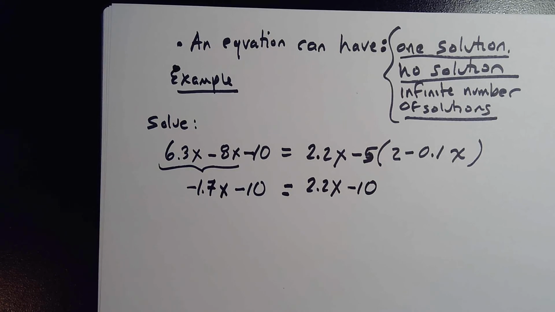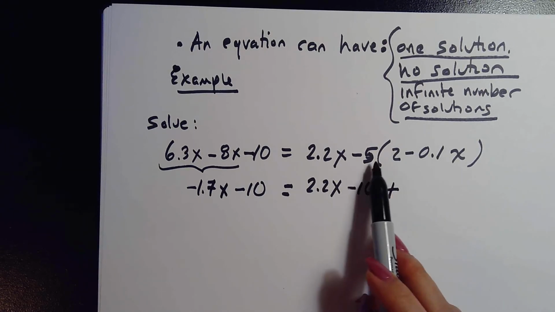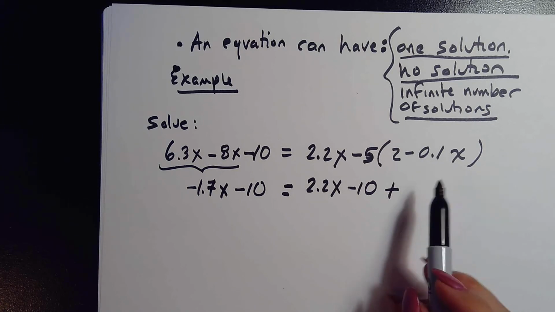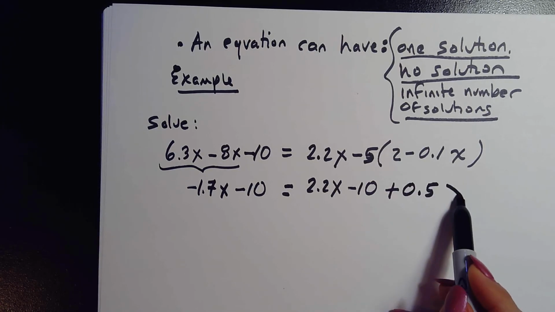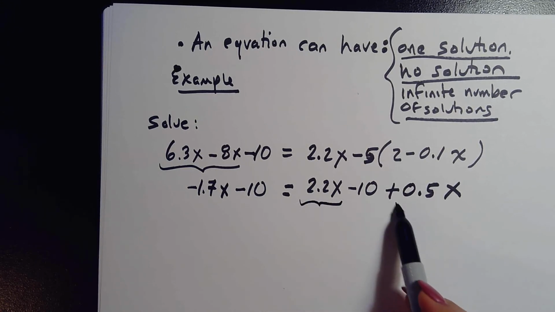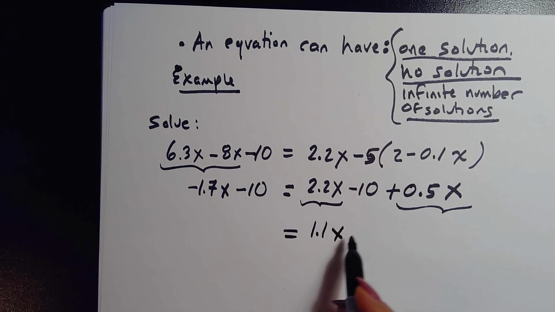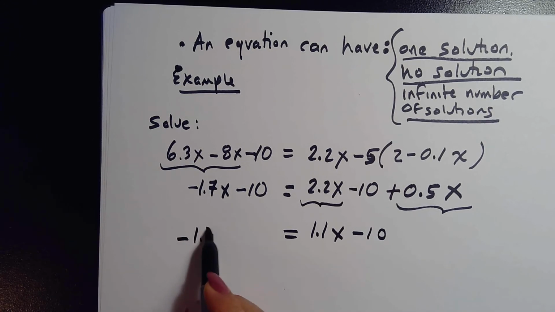Now remember, a negative times a negative equals a positive, so it's going to give me plus, and so 5 times 0.1 is equal to 0.5. So it's going to be 0.5x, right? You can combine like terms. So you have 2.2 plus 0.5, which is 2.7. So you have 2.7x minus 10, negative 1.7x minus 10, right?